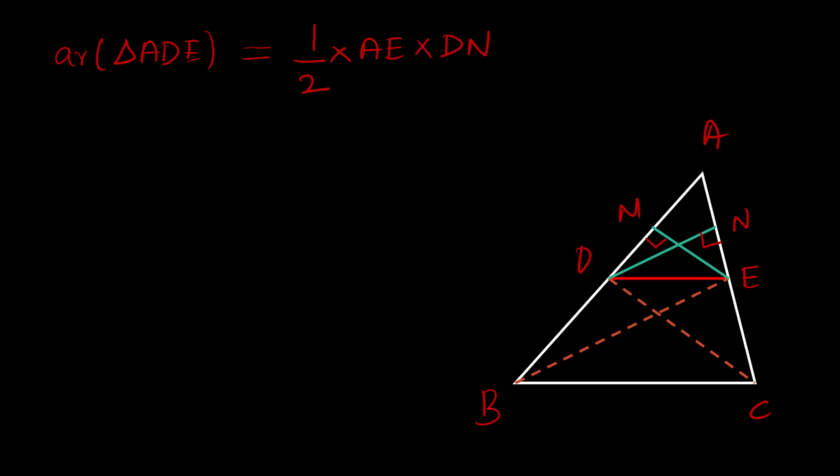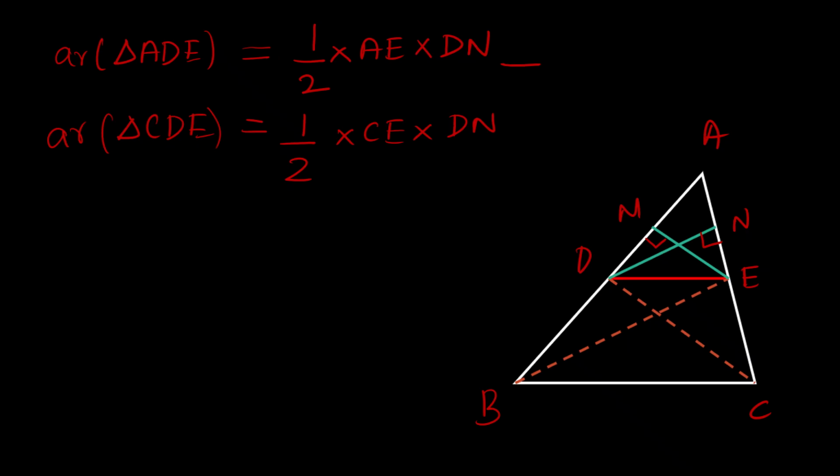And the other triangle, the third triangle which I mentioned as CDE. If I consider the area of triangle CDE, here again DN will be the height of this triangle CDE. So I get half into base CE into height DN.